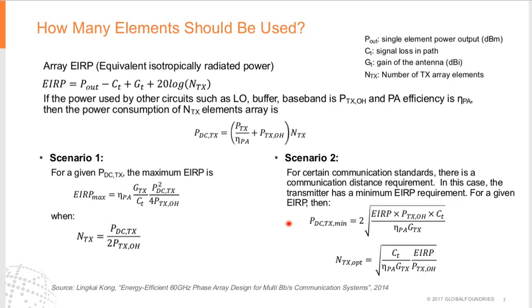So in the following slides, we will show some cases based on scenario 2. We will fix the EIRP requirement and look at the power efficiency requirement, and maybe find the best number of elements based on different system requirements, based on different applications too.